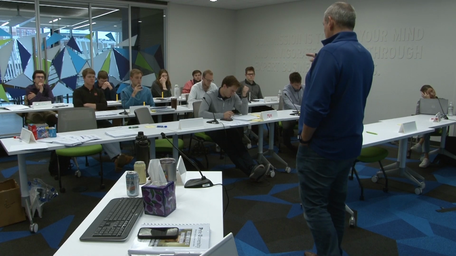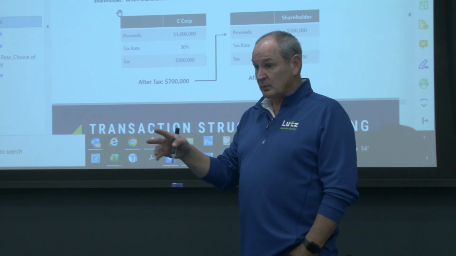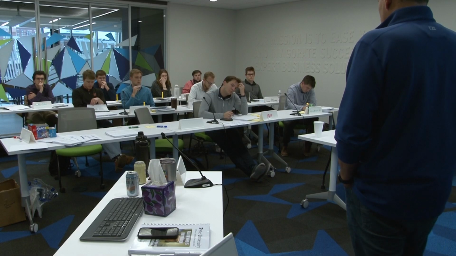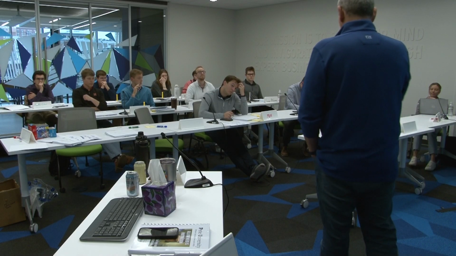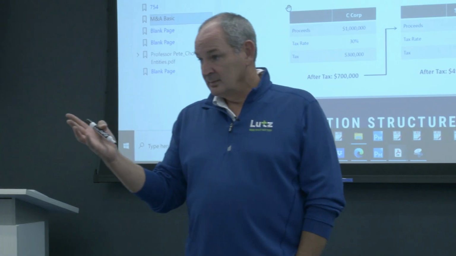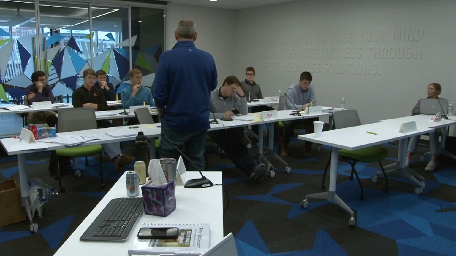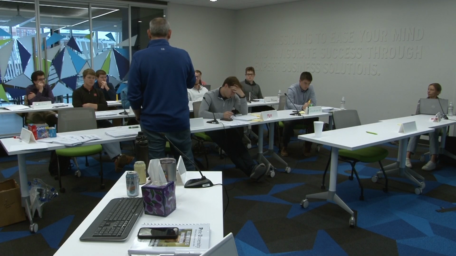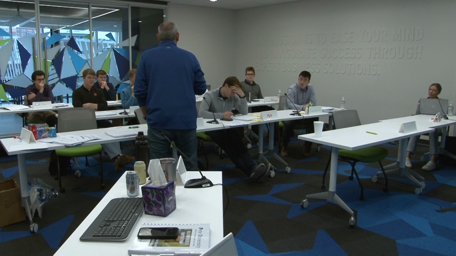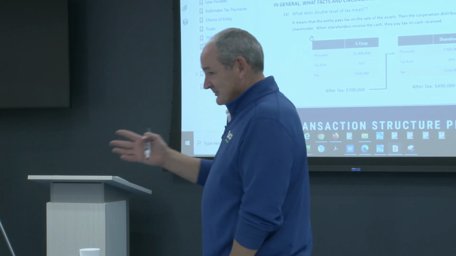Now that $700,000 can go out to the shareholder in one of two ways. Either we can buy their stock or redeem it. Right, Chris? Right, we can redeem it, where the corporation or a partnership buys back its own equity interest. That's a statement, not a question. But I like your enthusiasm.